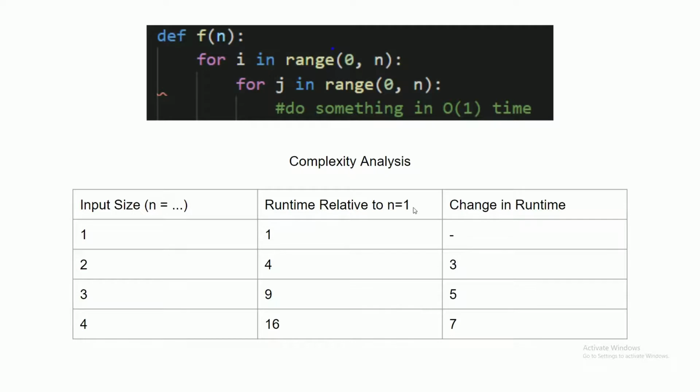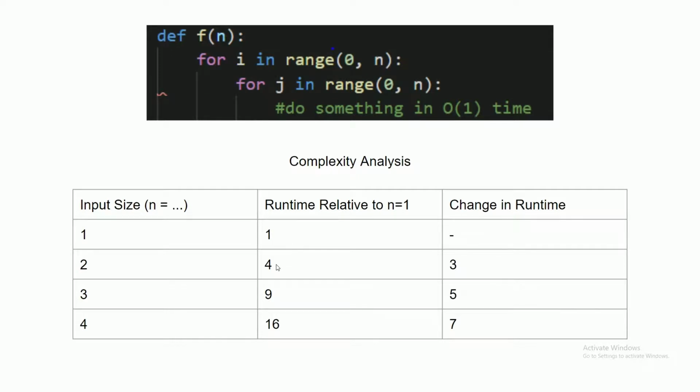And we specify runtime relative to n equals 1 because, since we're analyzing relative to the input size, that's where that comes in. So we can see that instead of scaling directly with the input size like we had on the last one, when we doubled the input size value from 1 to 2, instead of the runtime doubling, it's going to be quadrupling.